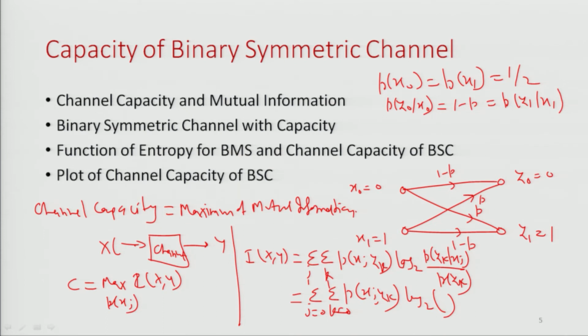Similarly, the probability of y_0 when input is x_1 is nothing but p, and that is also equivalent to the probability of y_1 when input is x_0. These conditional probabilities are given, input probabilities are given, we have to find joint probabilities as well as output probabilities to get I(X;Y).